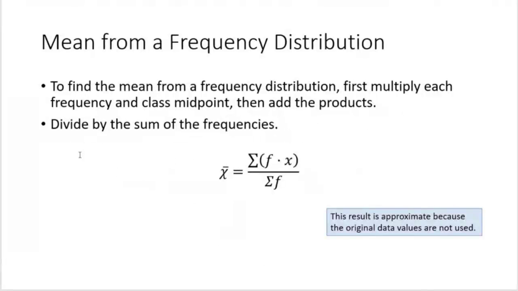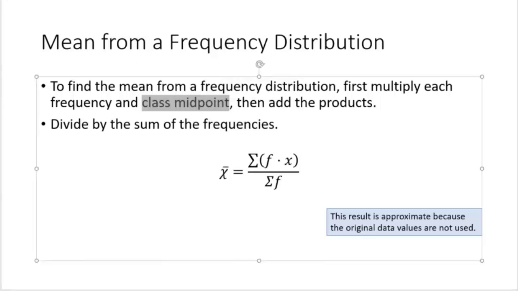You can also get a mean from a frequency distribution. Remember that on our frequency distribution we have a particular range, but instead of using the range, you're going to want to use the class midpoint. Instead of taking just the X value, which you don't have anymore, you have a range on a distribution, so you just find the middle of it, like when we talked about the McDonald's drive-through times, and then multiply that times the frequency.